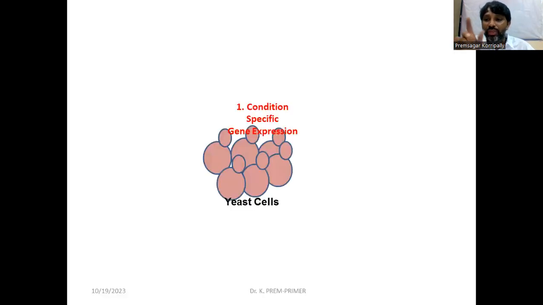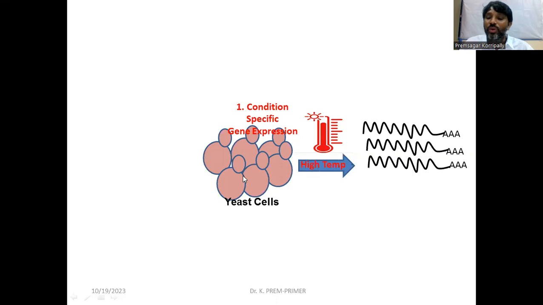Same thing here, I'm giving you an example. Suppose you have a yeast cell culture, and you expose it to high temperature. Then the yeast cells synthesize mRNAs particular to the genes which are going to renature the proteins of each cell.